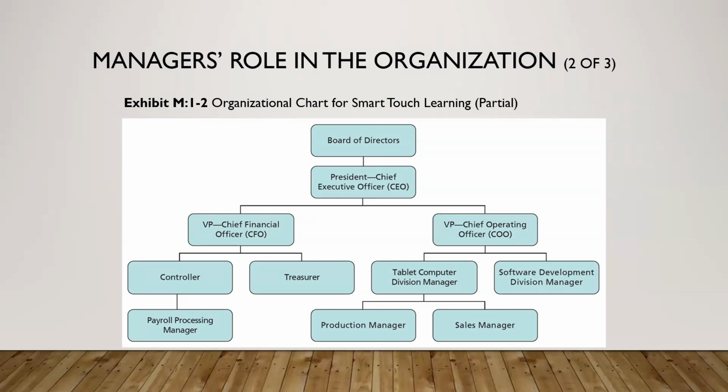Now, the CFO oversees the treasurer and the controller, who oversees the payroll processing manager. The COO on your right oversees the software development division manager and the tablet computer division manager, who oversees the production manager and the sales manager.